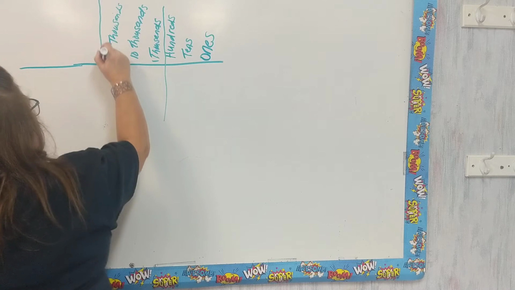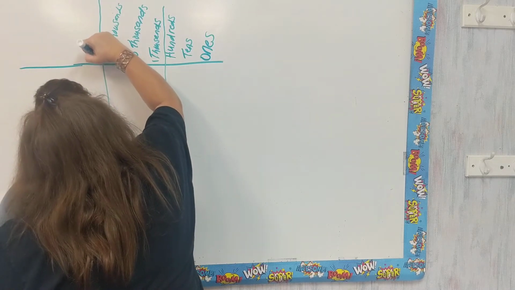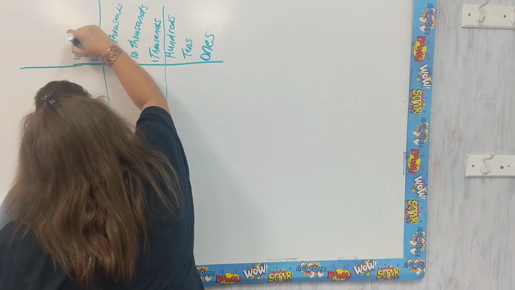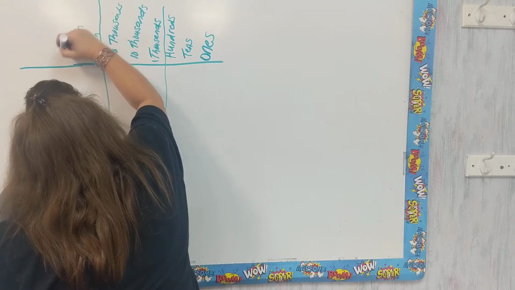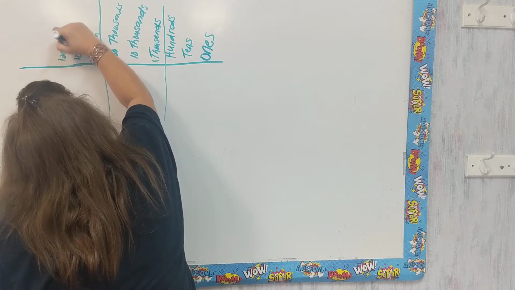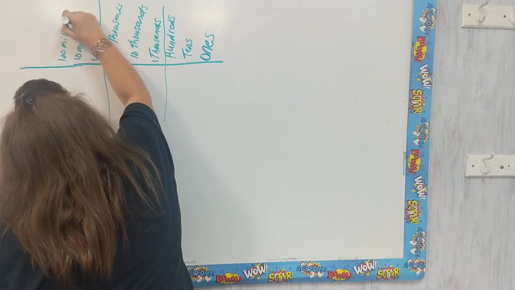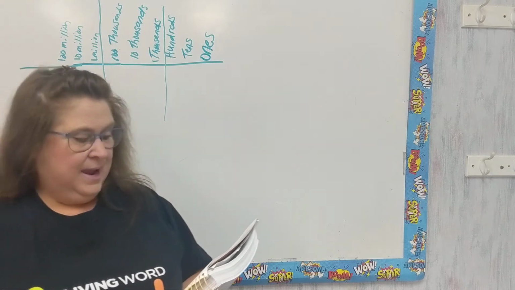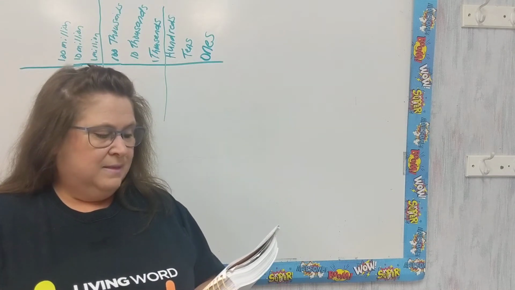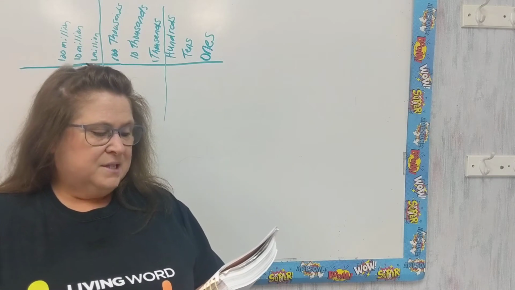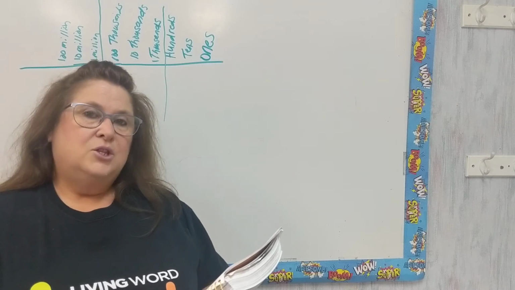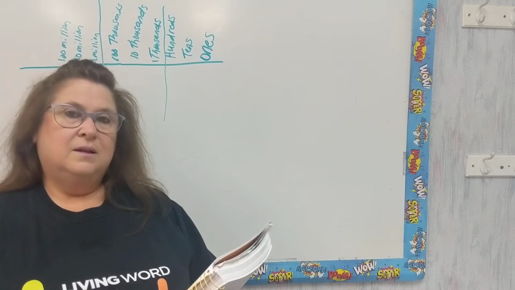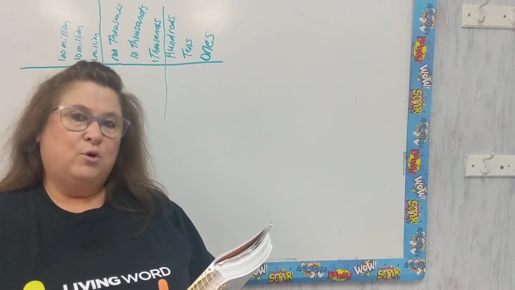Then we have our 1 million. Then we have our 10 million. Then we have our 100 million. Okay? So, in section 2, beside letter A, I want you to write the number 6,231,742.